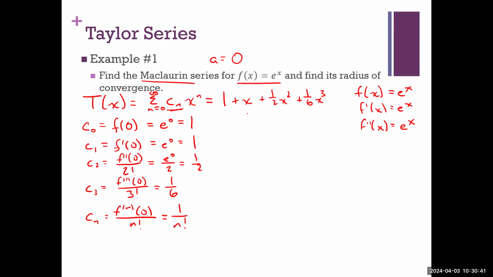We didn't go any further, but can you tell me the next couple of terms? Just so we can make sure we have a handle on what's happening. What would the next term be? 1/24 x to the fourth and something x to the fifth, probably.